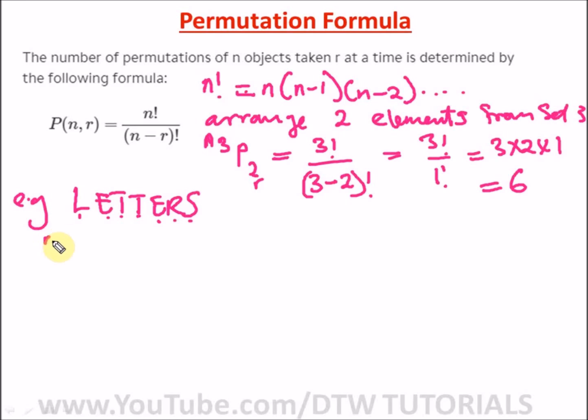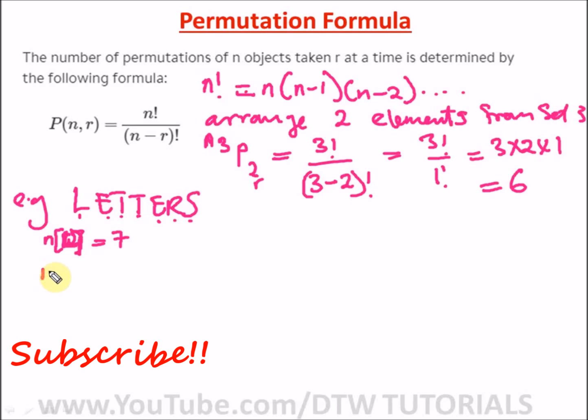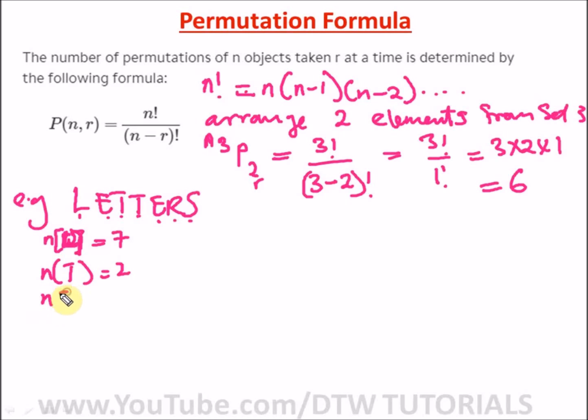So the total number of letters is equal to 7. And what's the total number of T? T we have 2. And what else again? We have E. E is repeated 2 times. T is repeated 2 times.